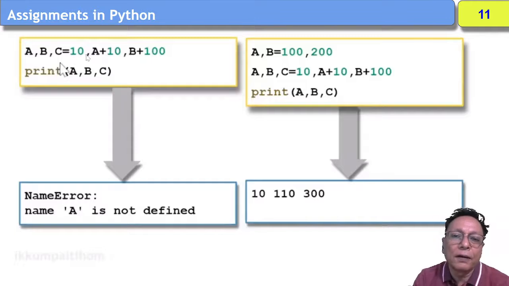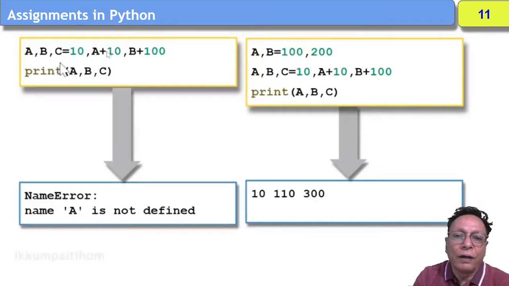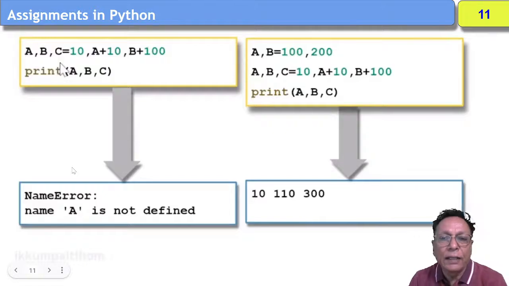If you think A should be replaced with the value of A initialized here, this will not be the value of A, because the value of A should have been declared before this statement. If you had declared the value of A before this statement, then it would have taken that value. Otherwise, it will show you the error. What is the error? Name error: name A is not defined.